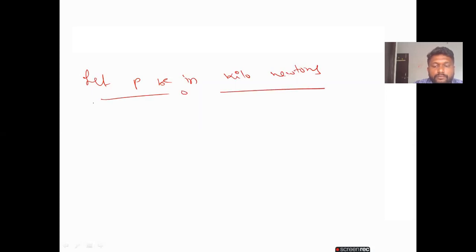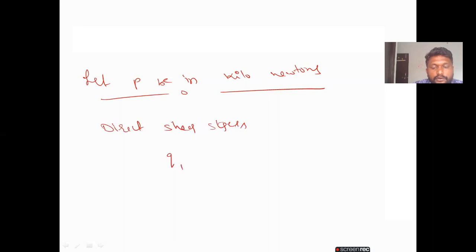Okay, now after finding the eccentricity, with the P we know P is in kilonewtons. So now direct shear stress, I have to calculate the direct shear stress.